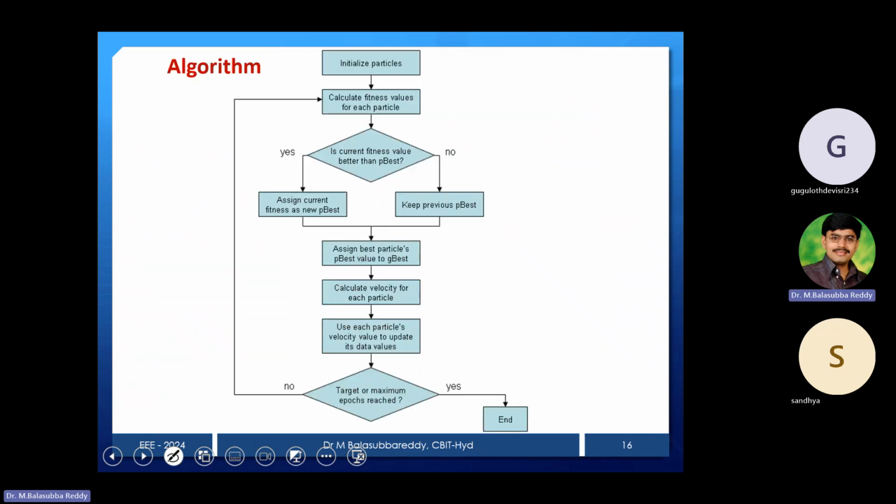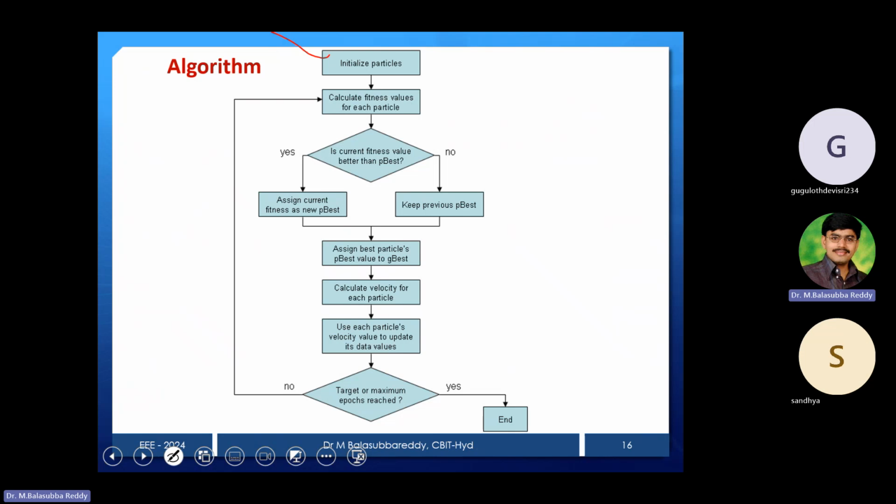Now this is the flow chart of how it is going to happen in the algorithm. Initialize the particles: that is the initial parameters, whatever the number of populations, constant values and number of iterations, all these things will be taken as the initial particles. After that, calculate the fitness value of each particle.